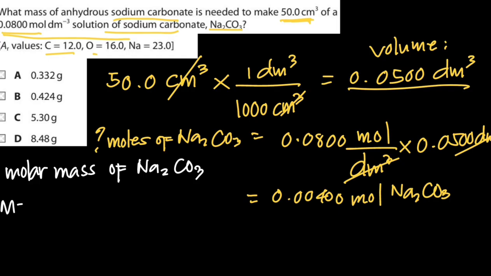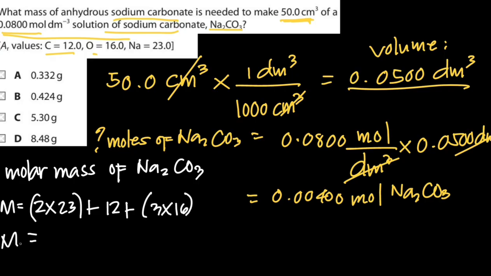So this is just 2 times 23. 23 is the molar mass of sodium, plus carbon, 12 times 1, plus oxygen, that is 3 times 16. So this is just equal to 106 grams per mole.